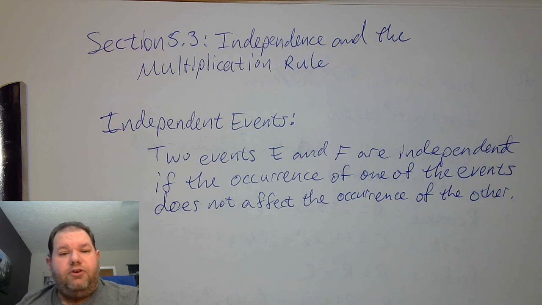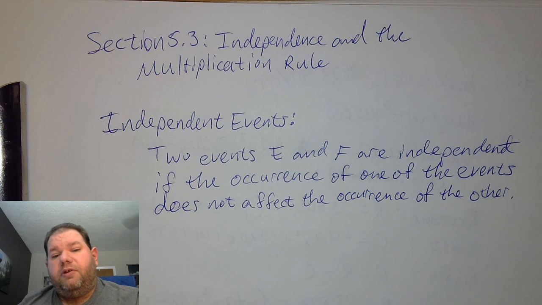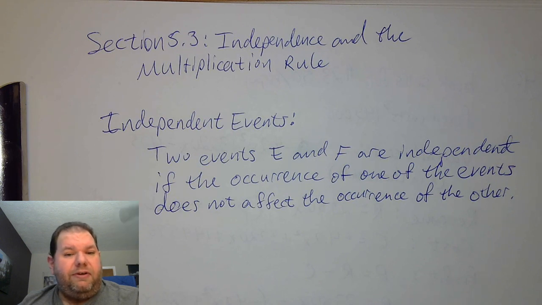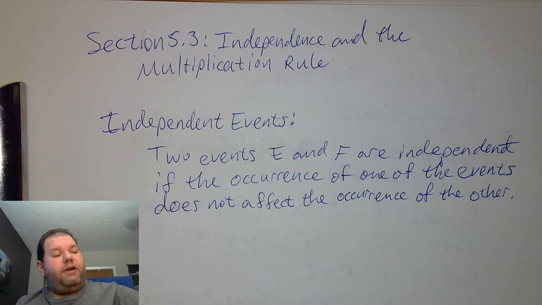So if we pick a jelly bean at random, eat it, and then pick again, the probability of getting a certain jelly bean on the first try is different than the probability of getting the same colored jelly bean on the second try, because we've reduced the number of jelly beans that are in the jar. In that case, the events are called dependent, because one is absolutely influencing the other. If we take a cherry jelly bean out of the jar and eat it, there's only 49 left, and our probability of choosing cherry just decreased. Okay. So when we talk about independent events, we're saying that there is no influence of one on the other.